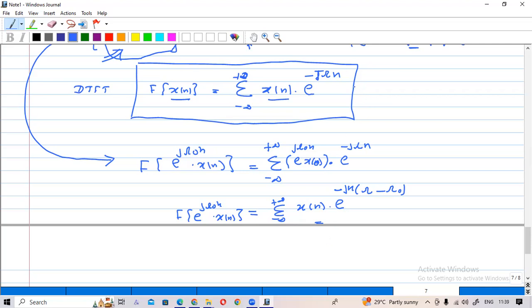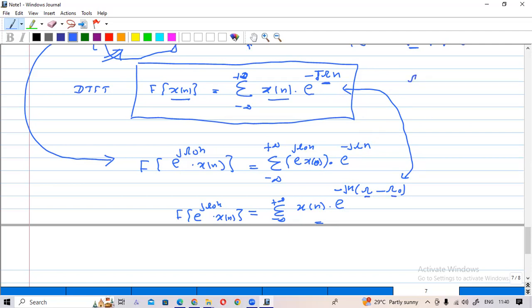So now compare this one and this one. Now you should understand that this omega is a variable, it is not a constant. In this case, this omega is a variable and this one is a constant.